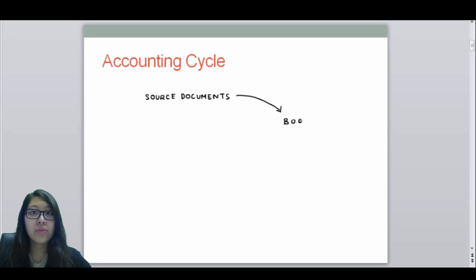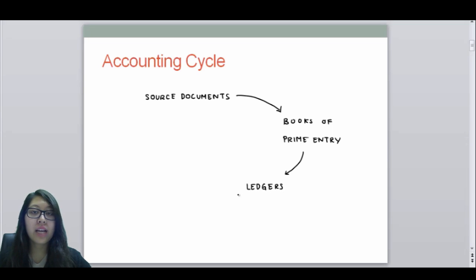Next, we continue to the books of prime entry. Now, about the books of prime entry, there are 7 types of books, which we will be getting into in the next slide. Continuing from the books of prime entry, after the source documents have been sorted and posted into their respective books according to the basis or the nature of the accounting transaction, the books will then further be posted into ledgers.